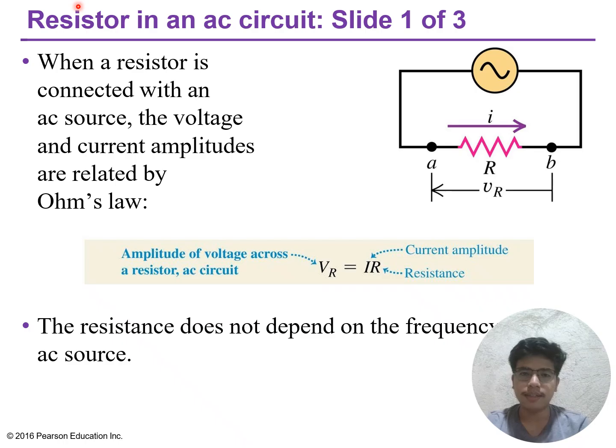The resistance remains constant at the same ohmic value. The frequency independence makes resistors the simplest AC circuit elements because we can apply Ohm's law directly with the peak amplitudes or RMS values without any frequency-dependent modification.